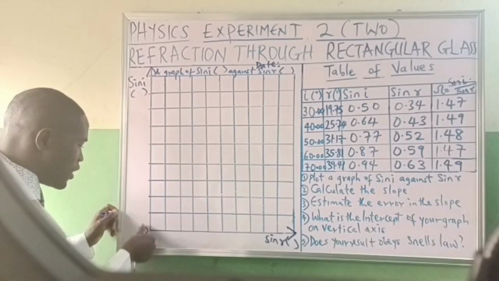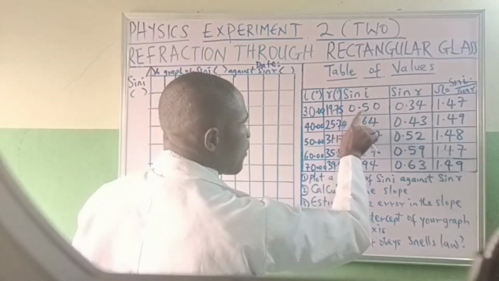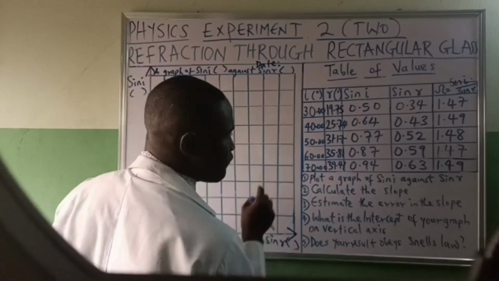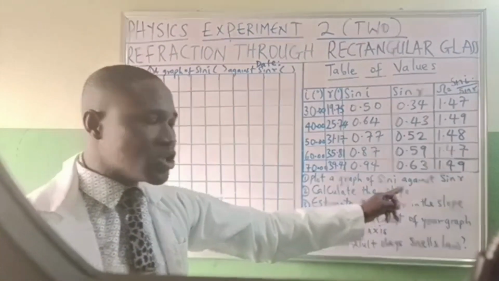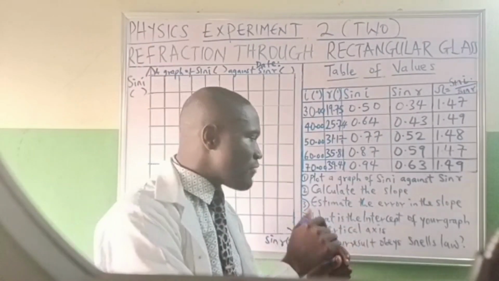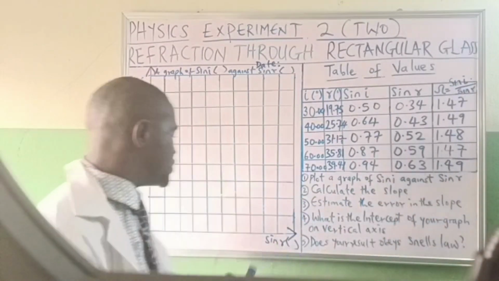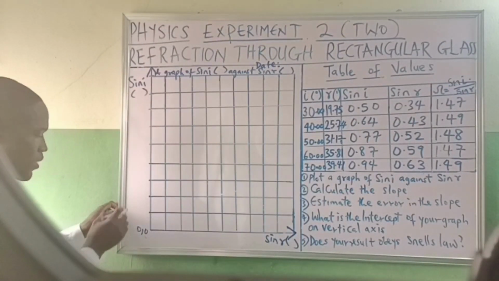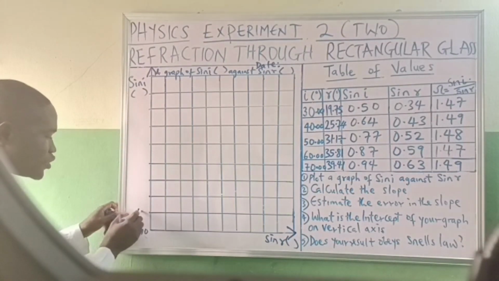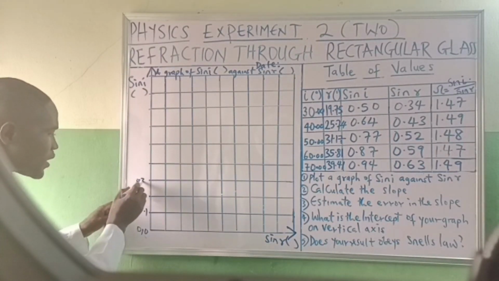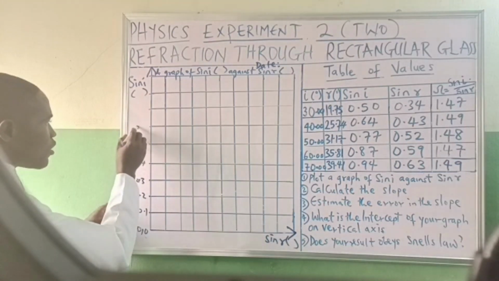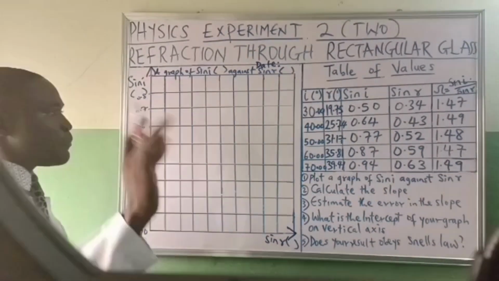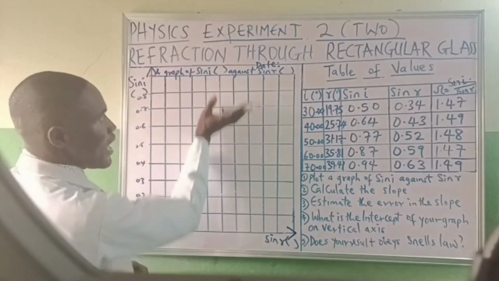Look at what I mean. Like in this table now, the least number is 0.5 and the highest is 0.94. Here they did not specify, but let's assume that they specify plot a graph of this against this, starting both axes from the origin. That means if I start at 0, 0 here, assuming I now put 0.1, 0.2, 0.3, 0.4, 0.5, 0.6, 0.7, 0.8, and so on, do you notice that the plotting will be starting from 0.5 and go up?